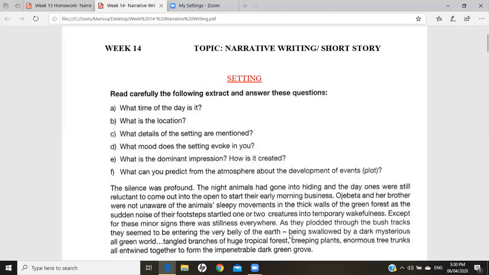And even the descriptions about them being swallowed by the dark, mysterious green world, although it is very still, we still get an idea that maybe because they're venturing into such stillness and loneliness, they're feeling a bit scared.